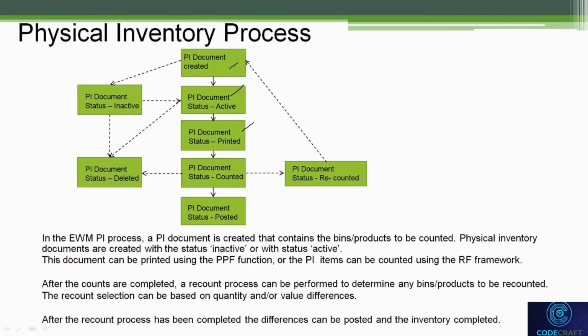The printing step is optional. Since we are using RF, we don't need to print a physical inventory document. We can count it directly on the scanner. Then we count the PI document, and finally we post the document.